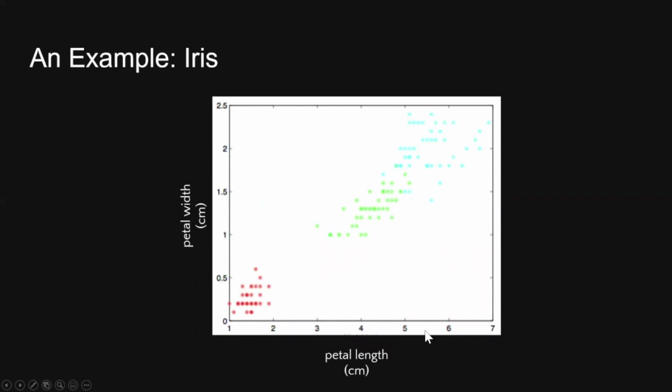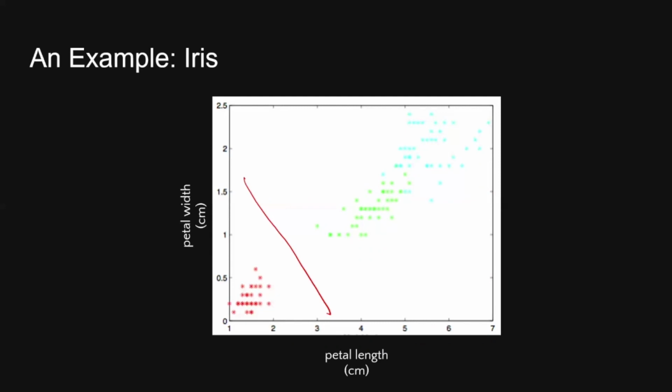Okay, so using that linear regression formulation, classification is obviously a problem of finding a line that separates two data points, or two different classes.